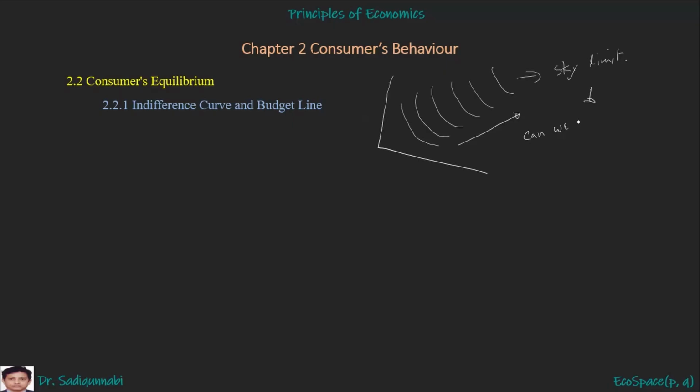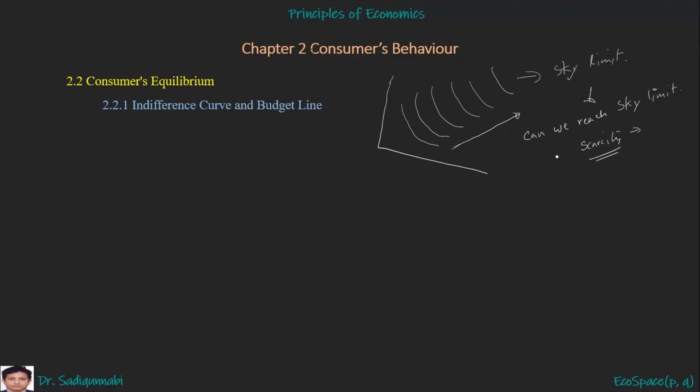Can we reach the sky limit? We can't reach the sky limit. Why? Because of scarcity. We don't have enough resources to reach the sky limit.